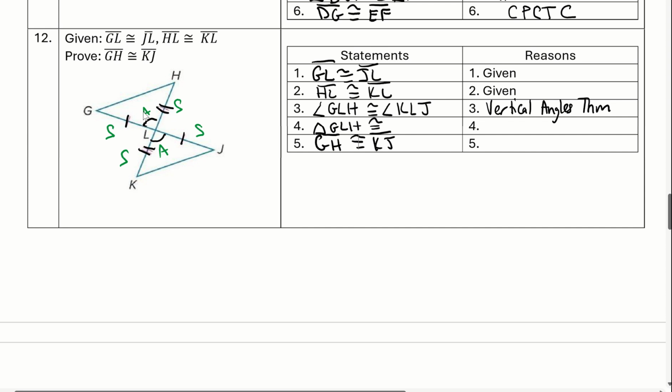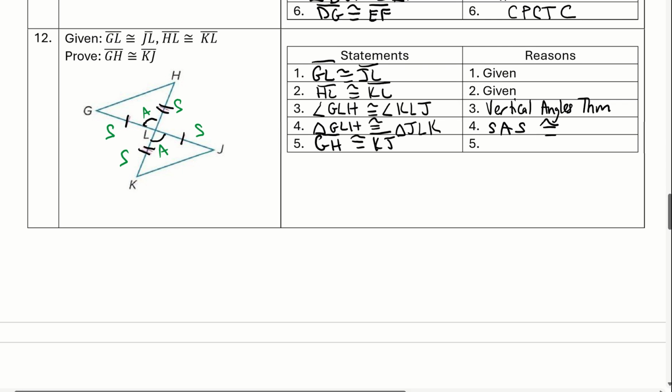Okay, so that means we got to start with J. 1 mark, then 2 marks. Okay, so it's triangle JLK. Here the order matters. When you do triangle congruence theorem statements, the order matters. And that was by side angle side.